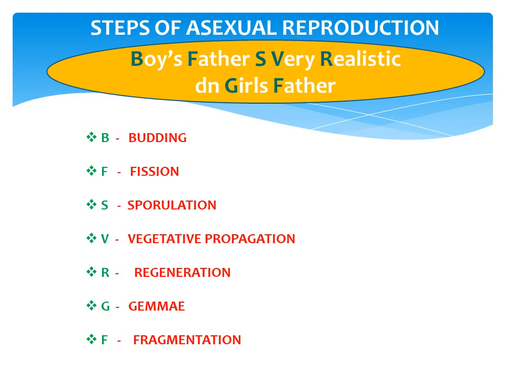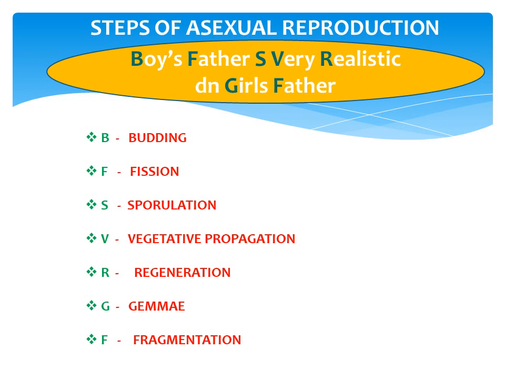B stands for budding. F stands for fission. S stands for sporulation. V stands for vegetative propagation. R stands for regeneration. G stands for gemmule. F stands for fragmentation.